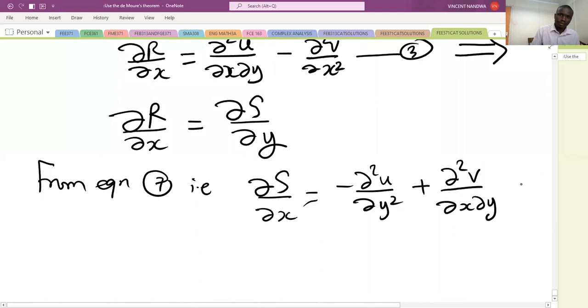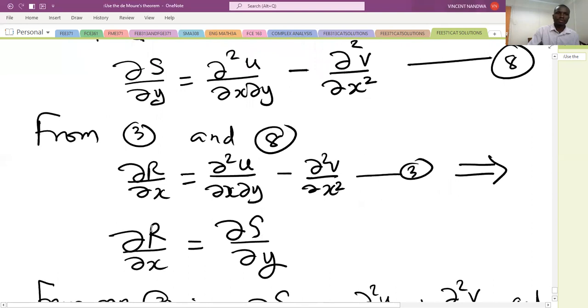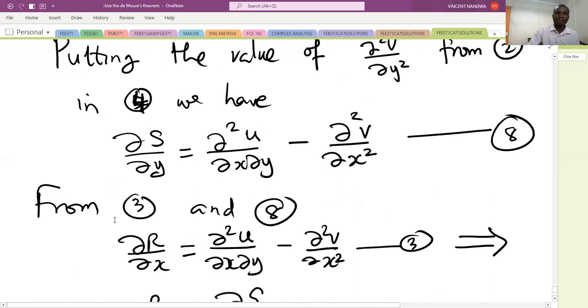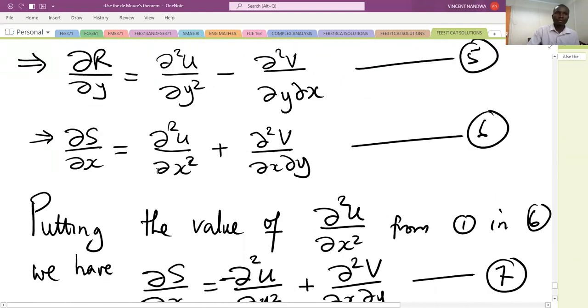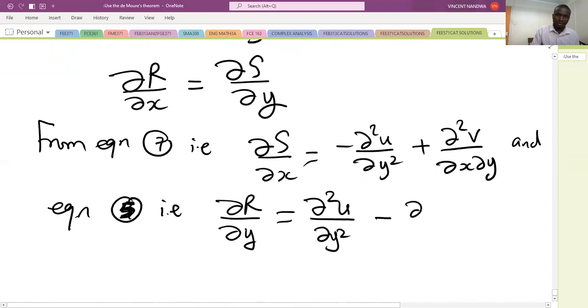And equation 5 expresses ∂R/∂y, which is given by ∂²u/∂y² minus ∂²v/∂x∂y.